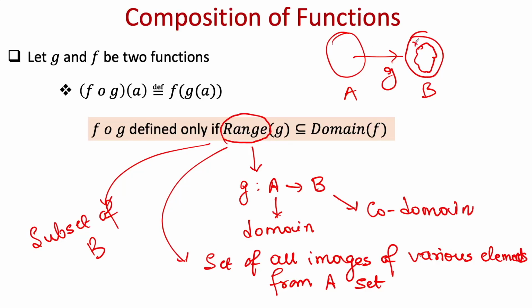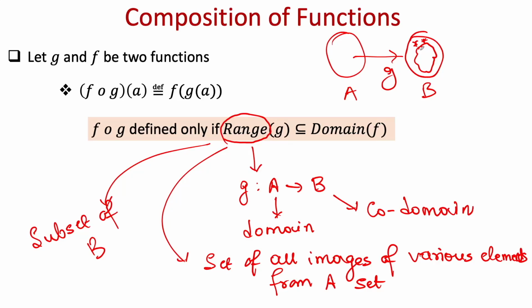There might be some elements in the set B which do not have any pre-images. I ignore those elements when considering the range set. Those elements will be considered part of the codomain set, but they won't be considered part of the range set. When I say range set, I am focusing just on the image set, the images that the function g assigned to various elements.